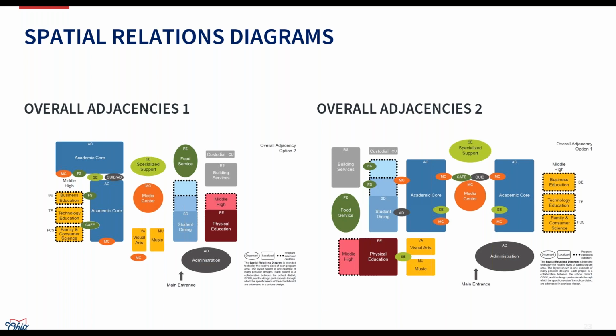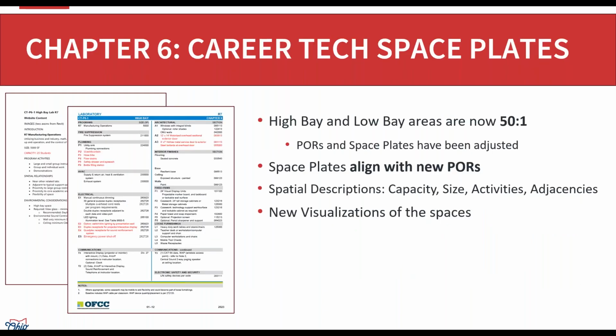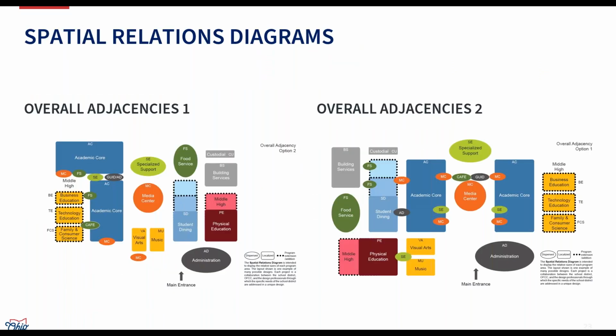Winton Woods is really a good example that you might see, if you have the opportunity, that has dispersed dining and the media center. So these are just nice updated adjacency diagrams. And these aren't required. These are just some ideas.